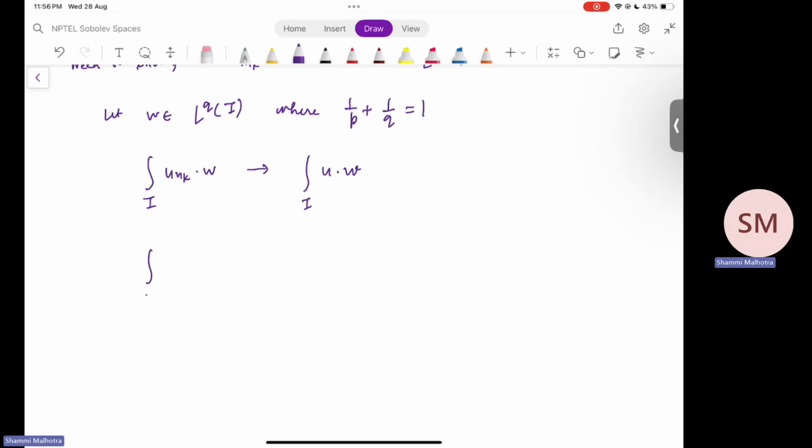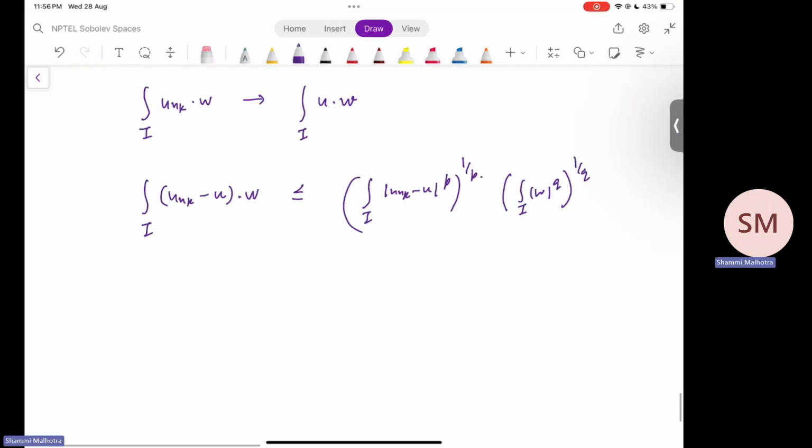We can just consider the integral of (u_{n_k} minus u) times w and apply the Hölder inequality. This is the integral over I of |u_{n_k} minus u|^p whole raised to the power 1/p, and then the integral over I of |w|^q whole raised to the power 1/q.